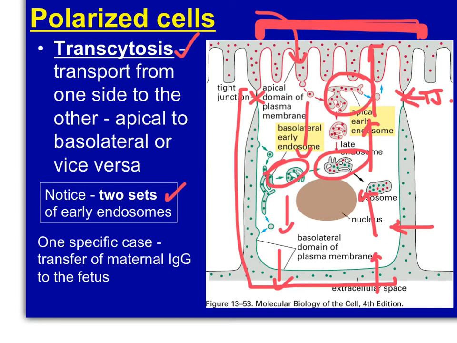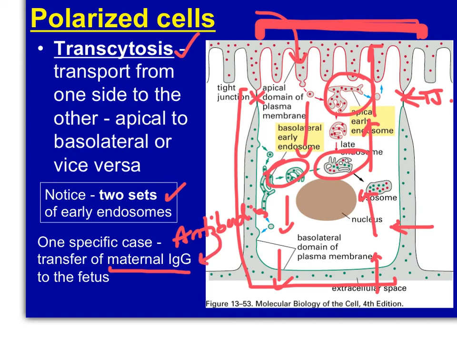So polarized cells use the process of transcytosis to take things in and maybe transport them across the cell to other sides. And we talked about the case of maternal antibodies, also referred to as IgG.